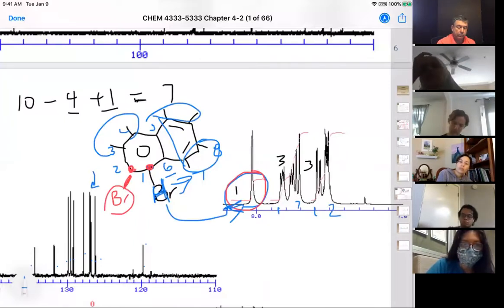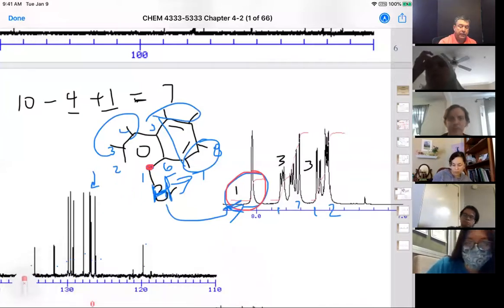I'm a little confused. Like next to the bromine, the hydrogen next to the bromine on the 3 carbon, won't it be the same like the 1? Oh, this one over here. Yes, 1 and the 3 are similar. Yeah, I think you're right.